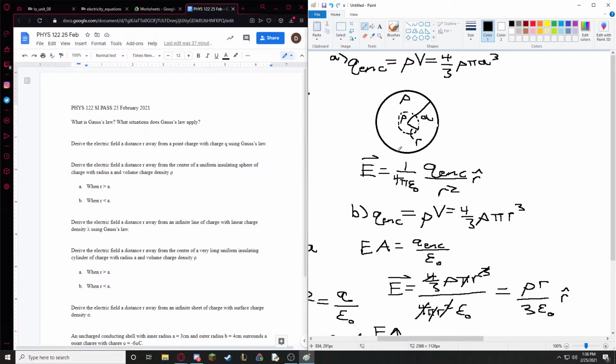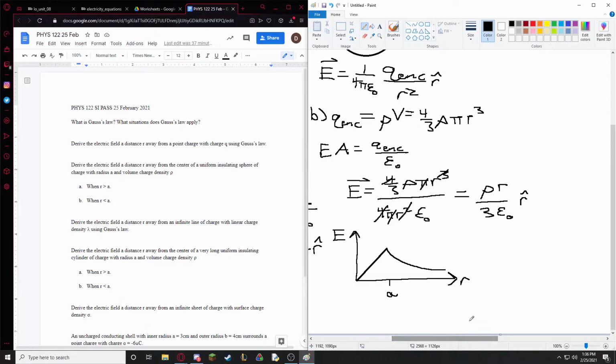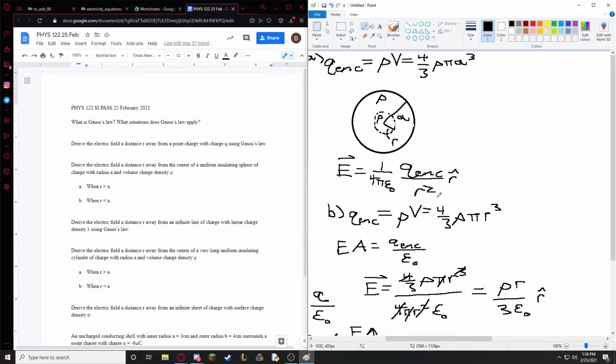Any other questions? All right. So we've tackled our spherical symmetry example. Now let's take a look at a cylindrical symmetry situation.